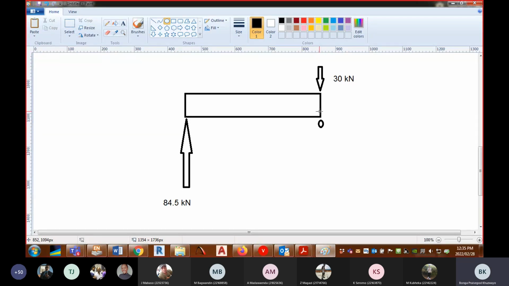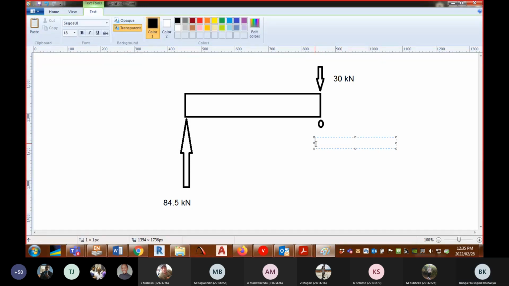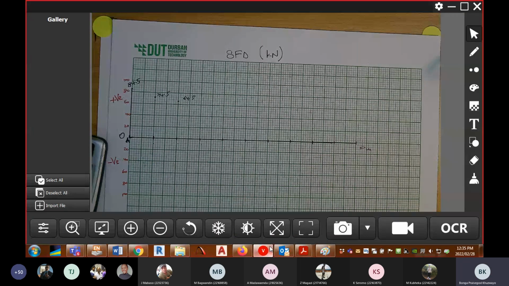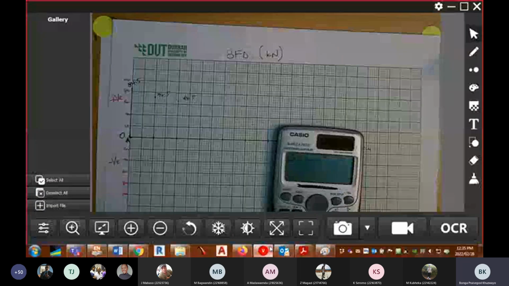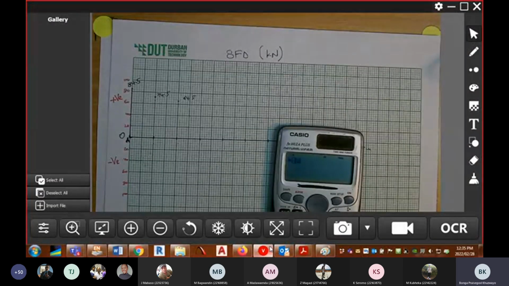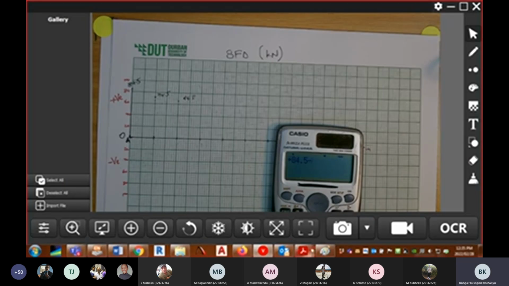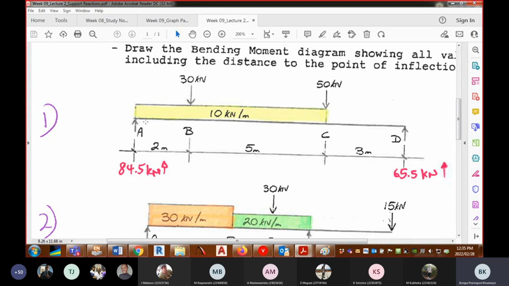So when you do B right, this is node B. Now when you do B right, you will include the 30 kilonewton. So what you need to do is plus 84.5 minus, why minus? Because there's a UDL. Where is that UDL? This one. We're at B right, just to the right of node B.